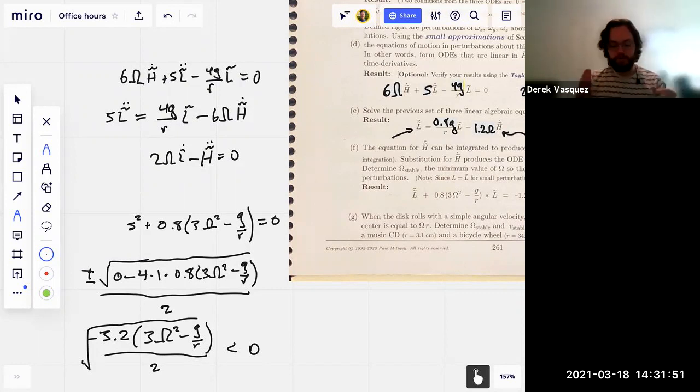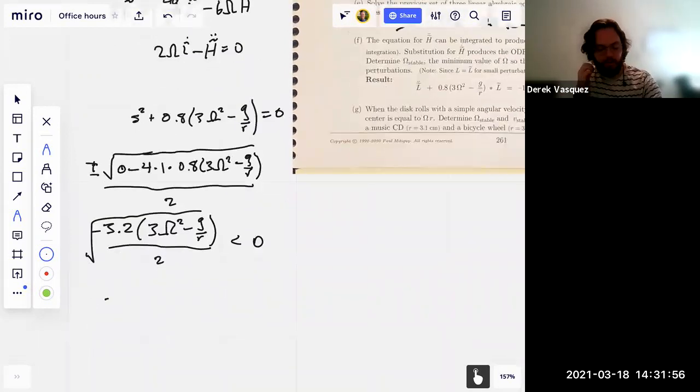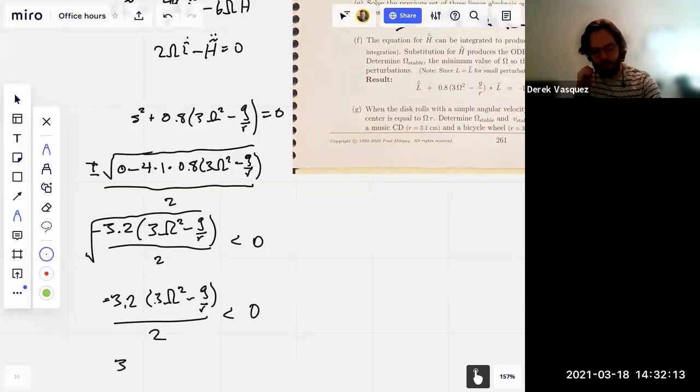And so the way we do that, we square both sides, and we're left with negative 3.2 times 3 omega squared minus g over r, over 2, less than 0 squared, which is 0. Multiply by 2, divide by 3.2, and we have 3 omega squared minus g over r. I divided by a negative 3.2, so that has to be greater than 0.